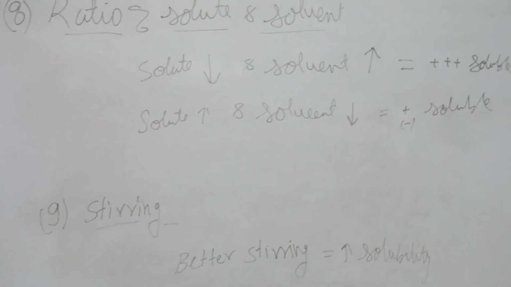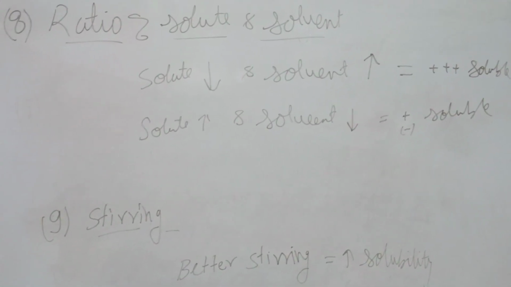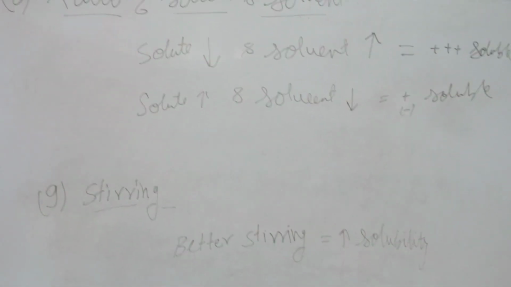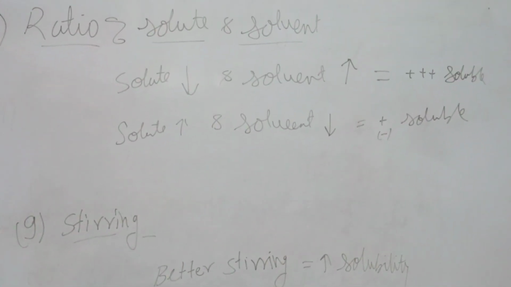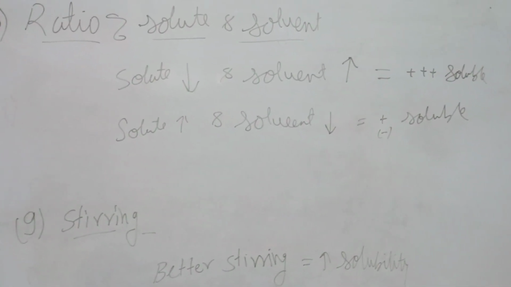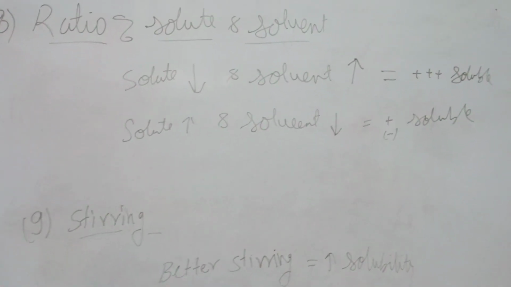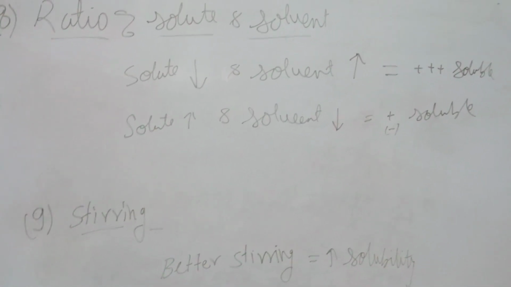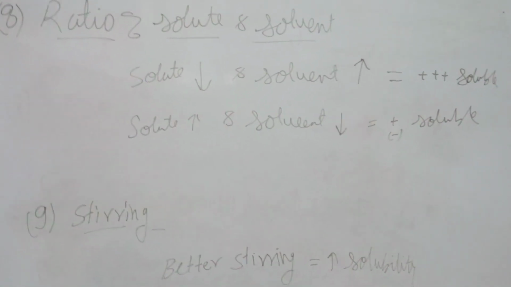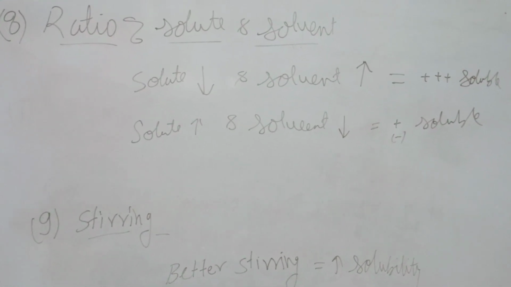So stirring is a very important factor which affects the solubility. Industrially also, we have very large stirrers which promote not only the mixing, but also the solubilization of a solute in a solvent, or the solubilization of a particular chemical compound or drug substance in a solvent, that is, in a medium.